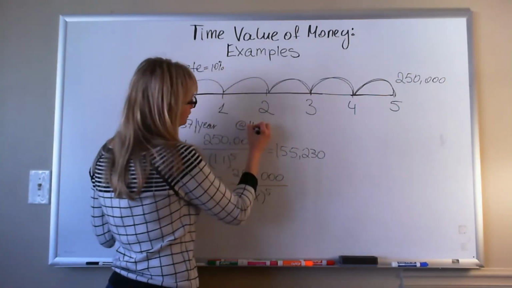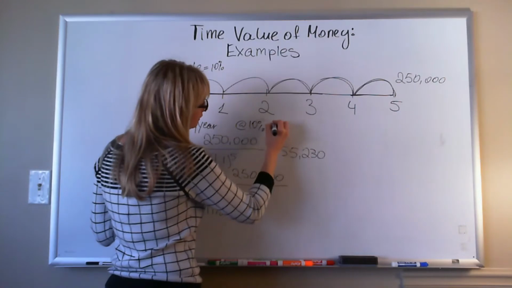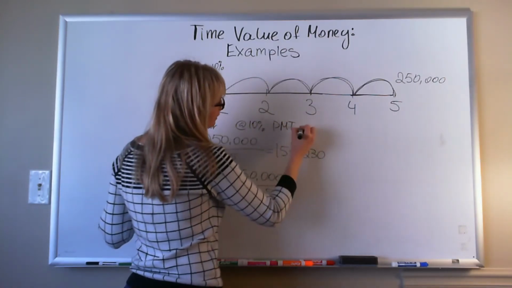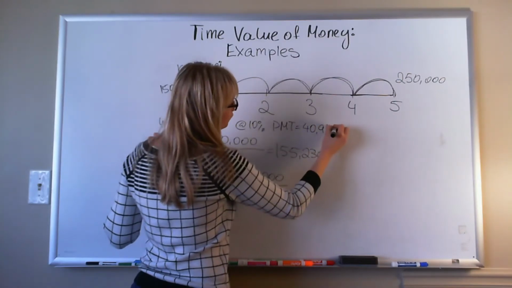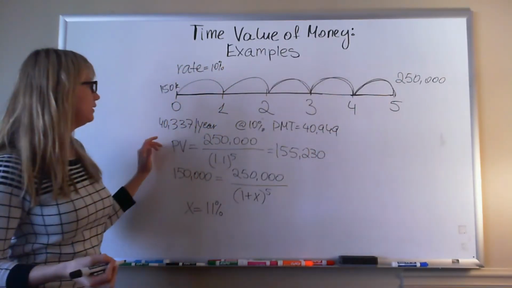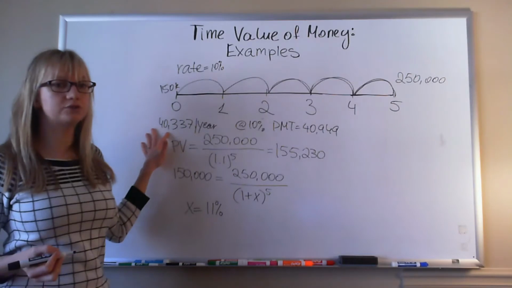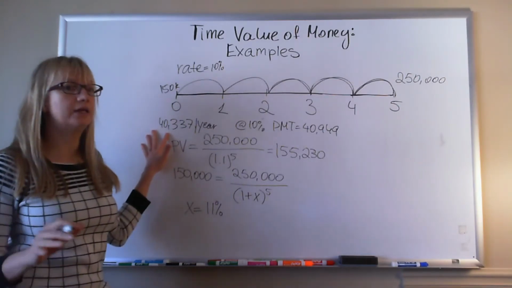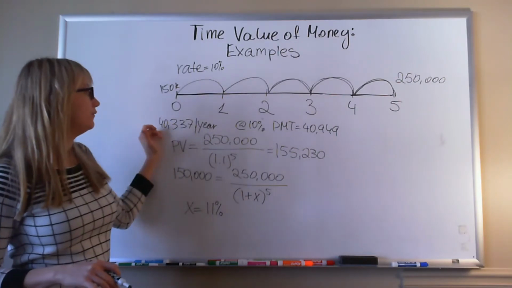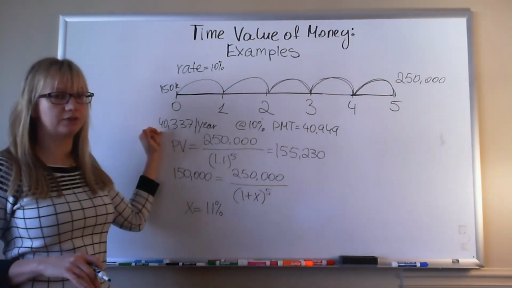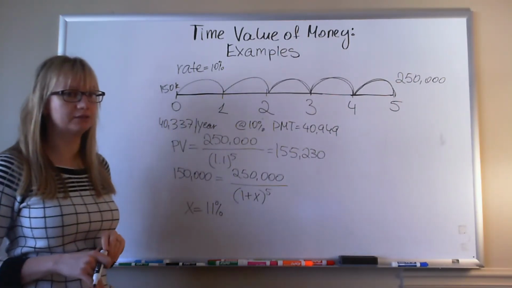Let's put it at 10%. Our payment equals $40,949. We would think that again they're offering us too little money, but then when we apply 11%, we find out that this is actually a fair amount that they're offering us to pay.